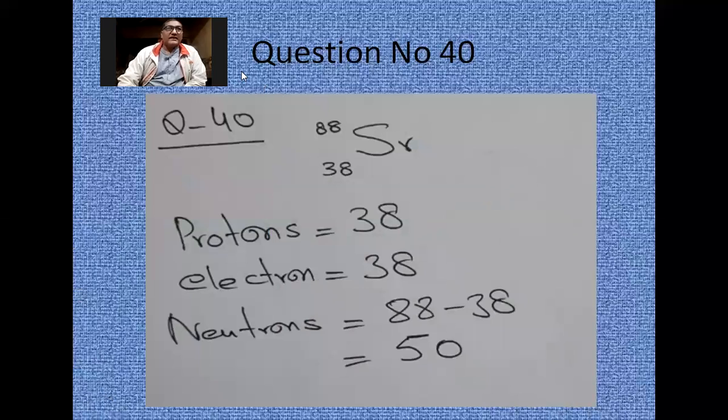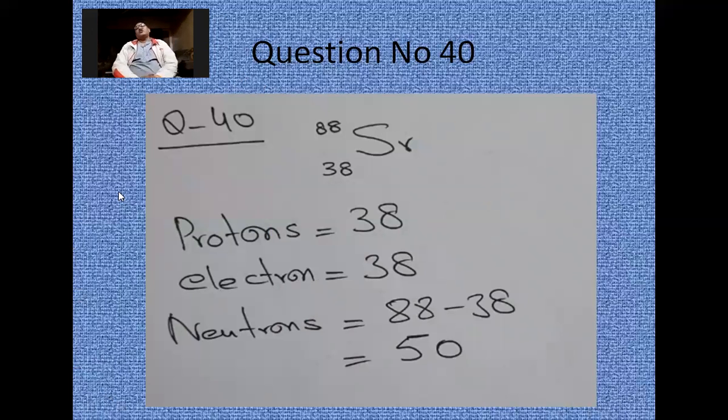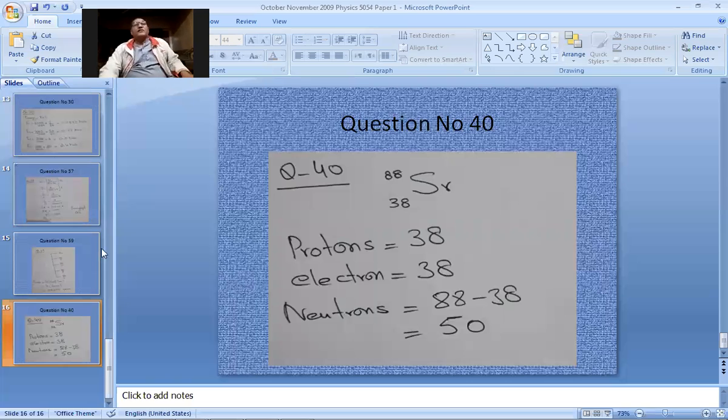Okay, question number 40 is coming up on your screen. Strontium 38 88. So the proton number is 38, electrons will also be 38, and the number of neutrons will be 88 minus 38, and that will be 50. Number of neutrons will be 50.